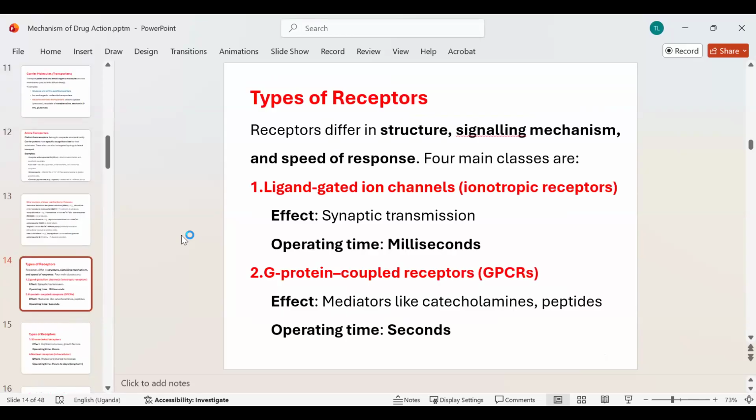So that takes us to the specific types of receptors. We are emphasizing the protein targets. What we've been talking about are protein targets, but you'll find the words being interchanged with receptors, much as we are talking ligand-gated ion channels. You'll find some books calling them ligand-gated ion or ionotropic receptors.